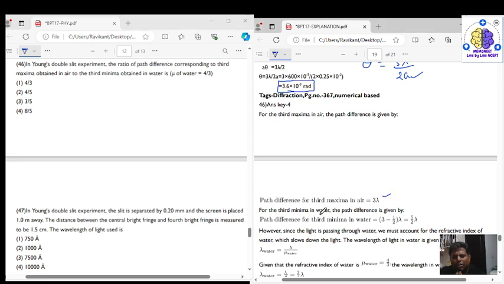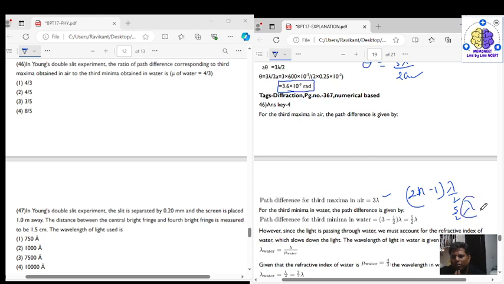Then the path difference for the third minima in water, using the formula (2n minus 1) into lambda by 2, putting n equal to 3, we will get 5 by 2 lambda, right?